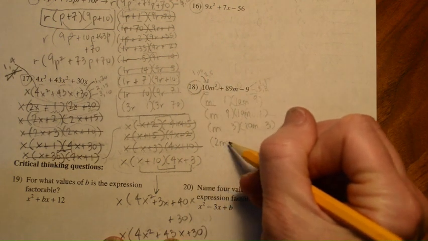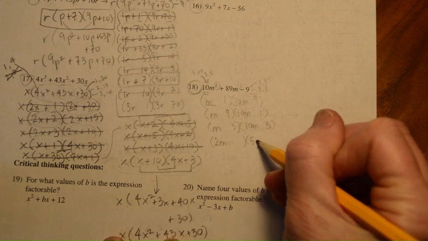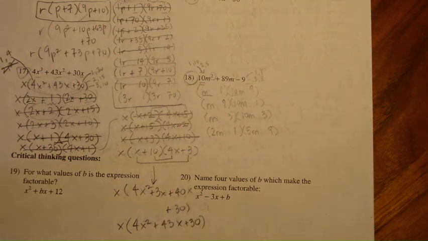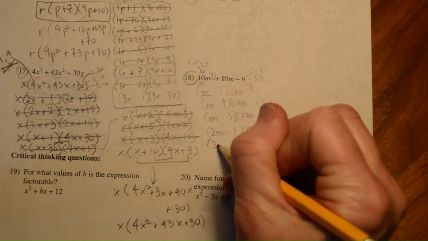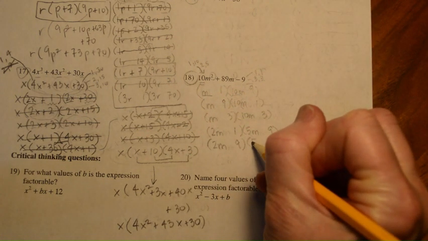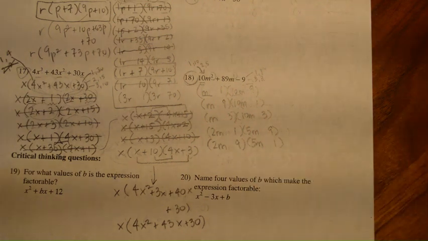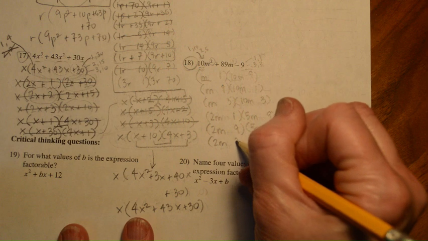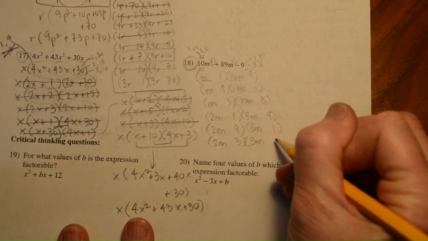So let's try 2m and 5m. All right, so we've got 1 and 9. Do I need to reverse? Yes. So 2m and 9, 5m and 1. All right, and then we've got 2m and 3, 5m and 3.